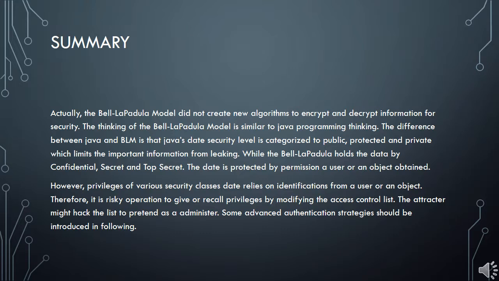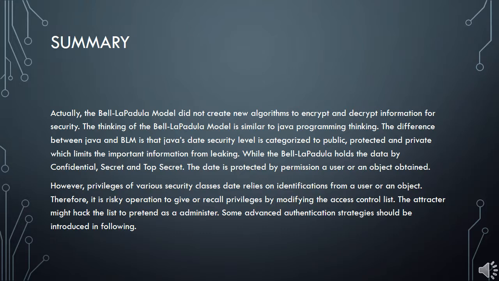The difference between Java and the Bell-LaPadula model is that Java's security level is categorized into public, protected, and private, which limits important information from leaking, while the Bell-LaPadula model holds the data as confidential, security, and top security.